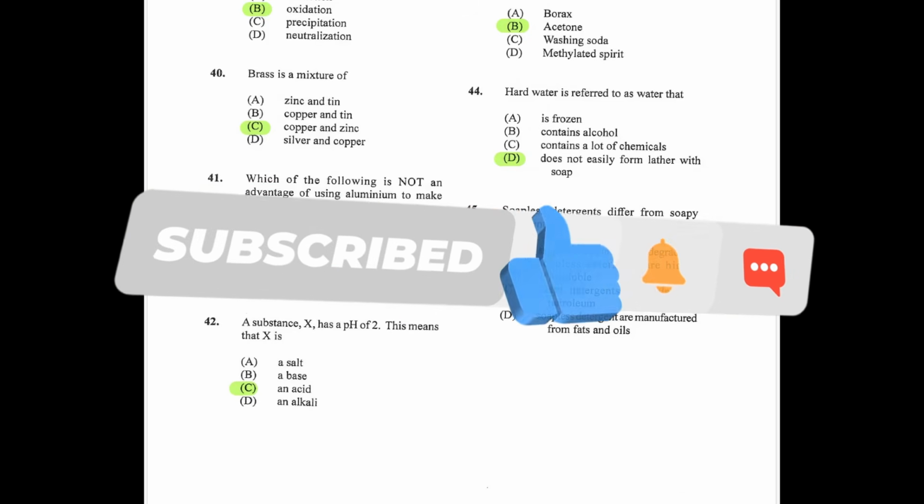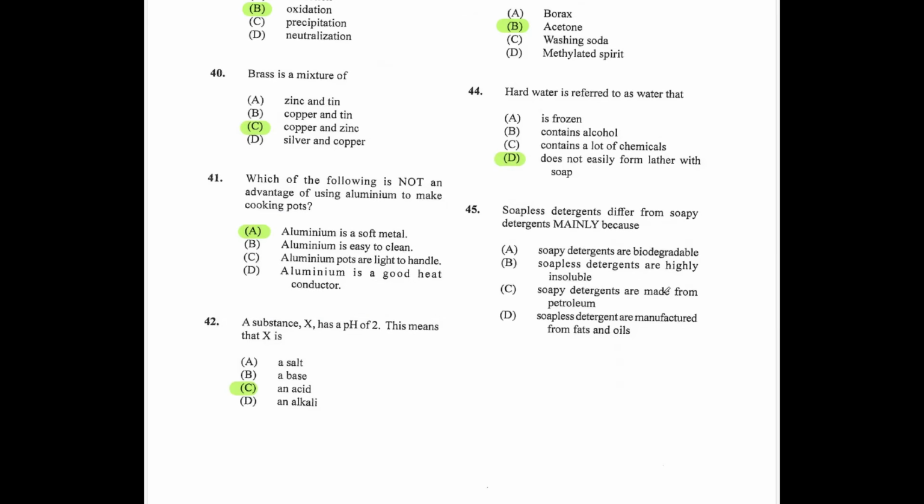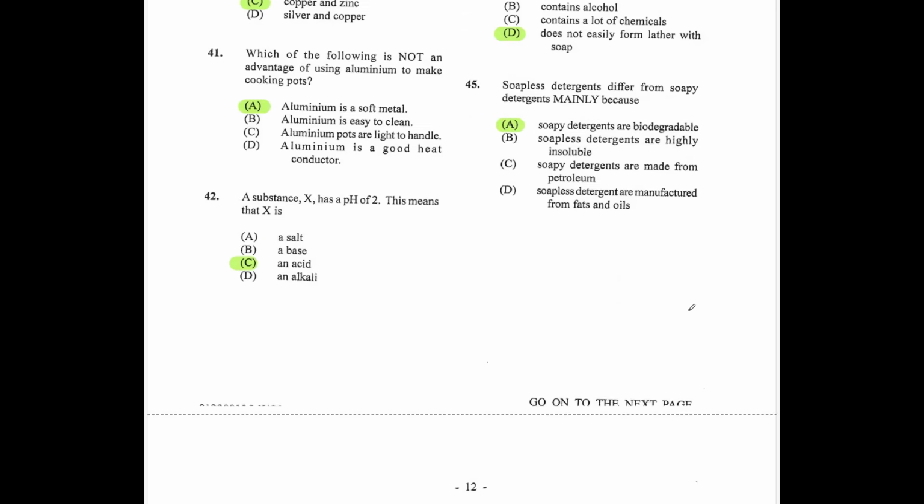Yes, they are. Soapless detergents are highly insoluble. Soapy detergents are made from petroleum. That's actually wrong. Soapless detergents are manufactured from fats and oils. No, they're soapy. So the answer is A for 45.